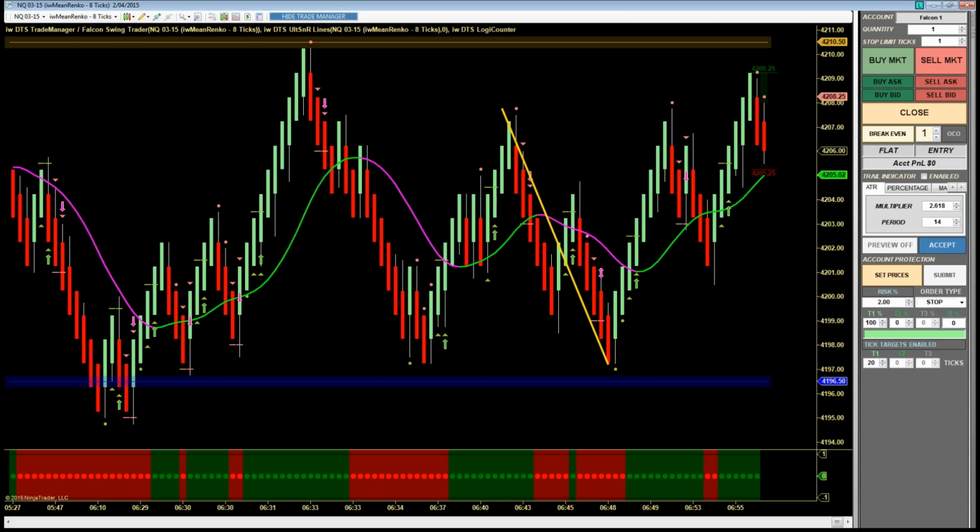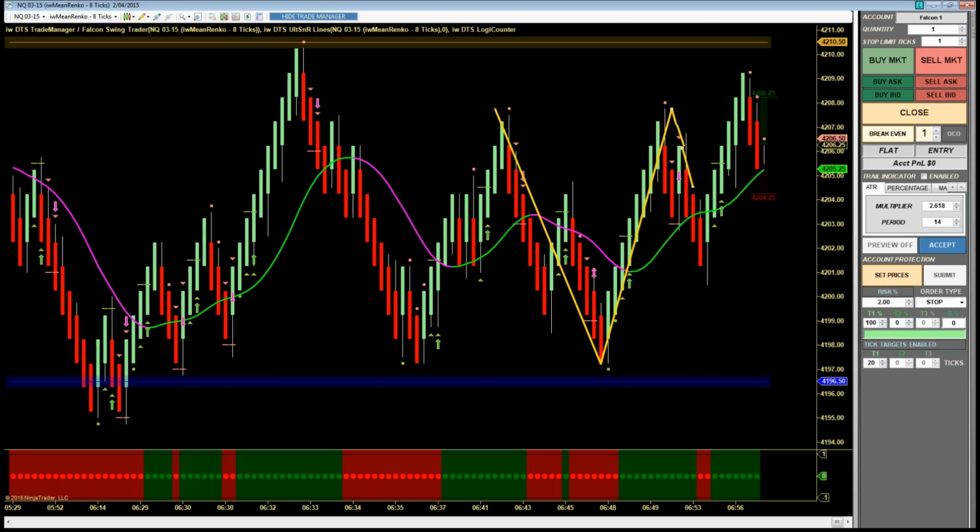So for instance, here we're looking at the Falcon, and yes, the market is still very range bound, but we can see that the sellers have made a push lower, and this is where the buyers are digging in, 41.97, right? It's very obvious. They bought here, 41.97, they're buying here, 41.97. So what happens next?